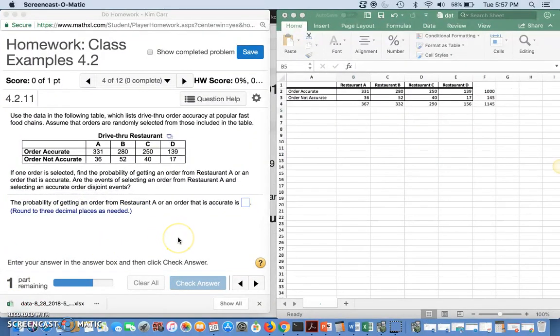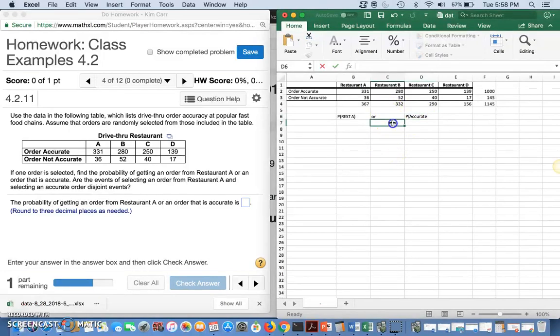Okay, well, let's see what's going on. We want the probability of getting an order from restaurant A, or, what does the word or imply? Or implies addition, or an order that is accurate. So what we are looking for is the probability of restaurant A or the probability of accurate.